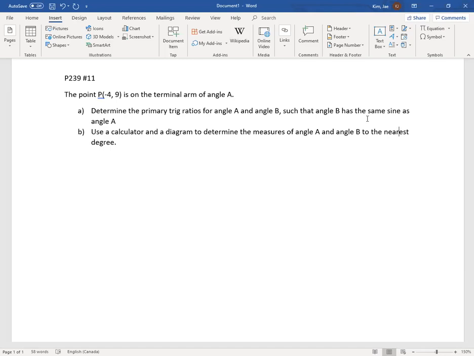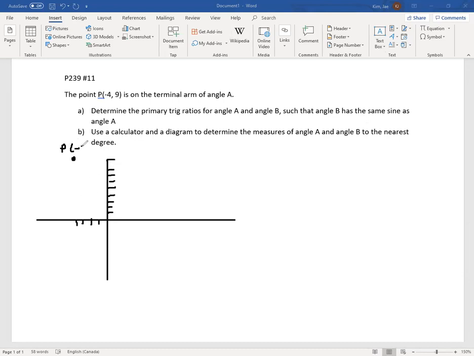Point (-4, 9) will give me a better idea if I were to draw this out. So I'm going to, let's see, -4, 9 would be 1, 2, 3, 4, and then 1, 2, 3, 4, 5, 6, 7, 8, 9, all the way up here somewhere.